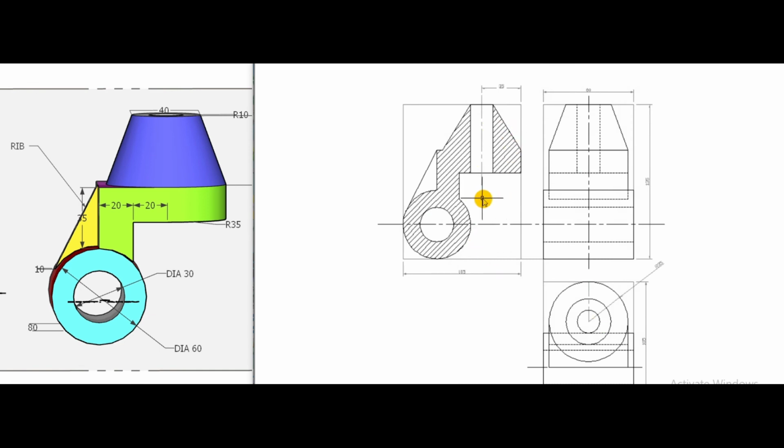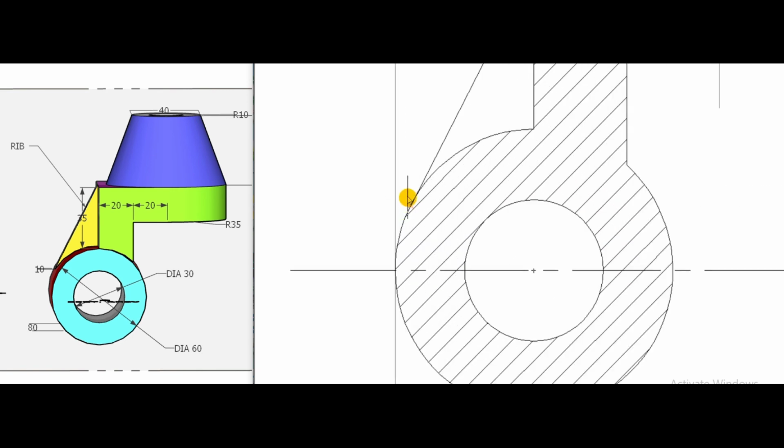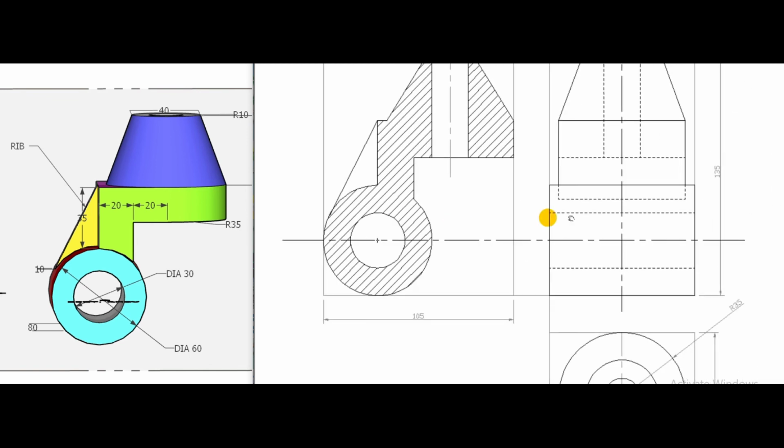Now to draw the rib in front view as well as top view, take the projections. This point, draw the line just here. Now as the rib is this portion, we have to draw the rib from this to this.